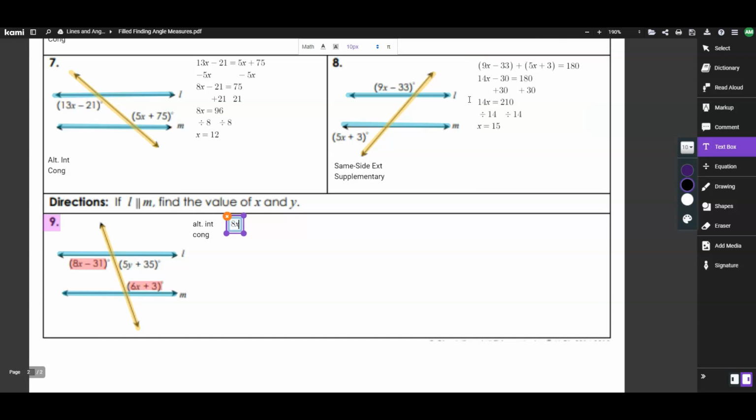We have 8x minus 31 is going to be equal to 6x plus 3. I'm going to subtract the 6x from both sides. And then I'm going to be left with 2x minus 31 is equal to 3.